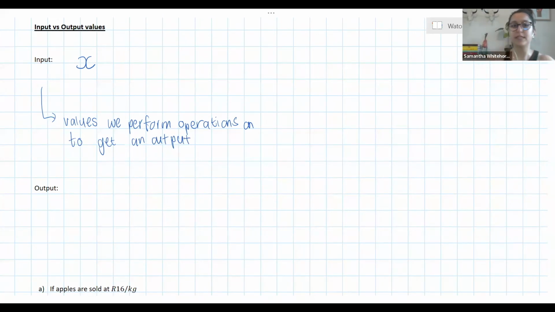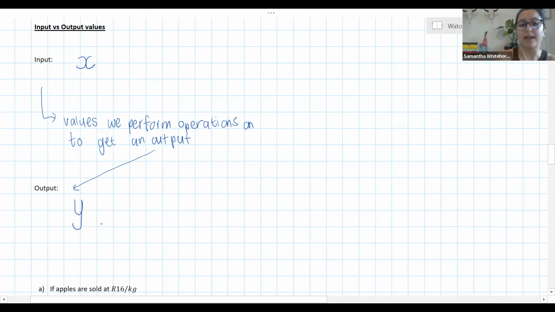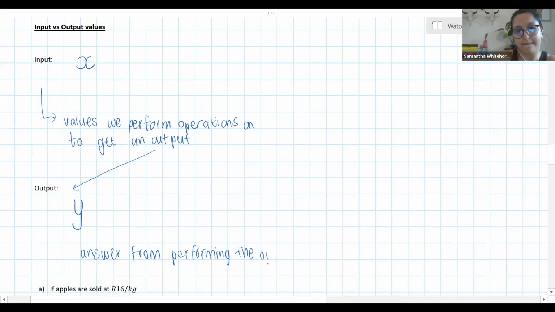That output now links to this next bit, which is our Y. So this is the answer after doing all of the operations. So answer, I know my handwriting isn't great, guys, I apologize. Answer from the operations, okay.